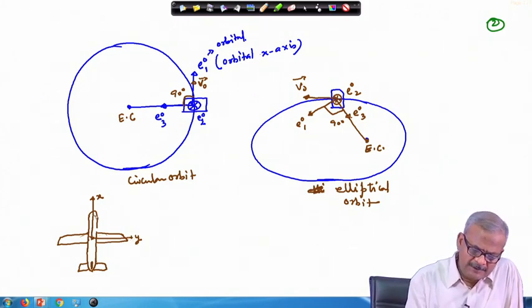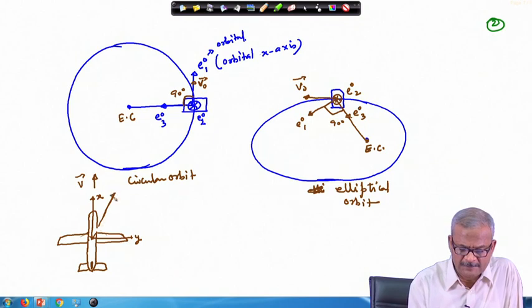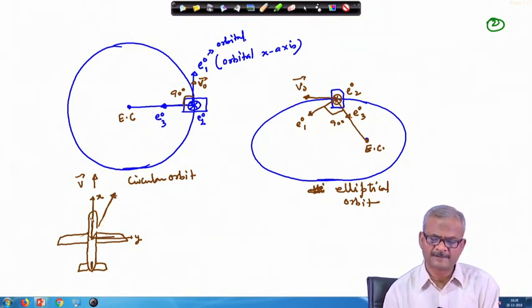And you know that the aircraft flies along this direction. So, v is along this direction. It may happen that v can be also along this direction, but the body axis is fixed along this direction. So, this is the body axis in this case.